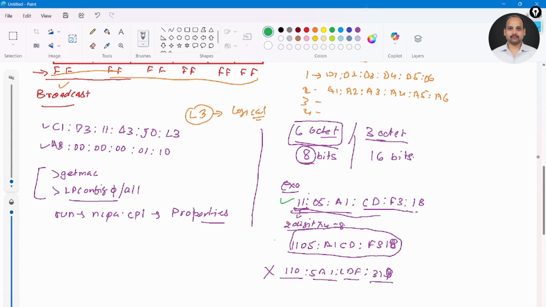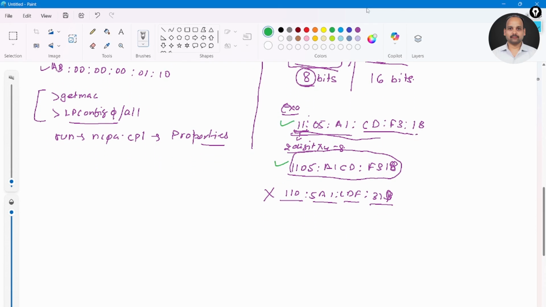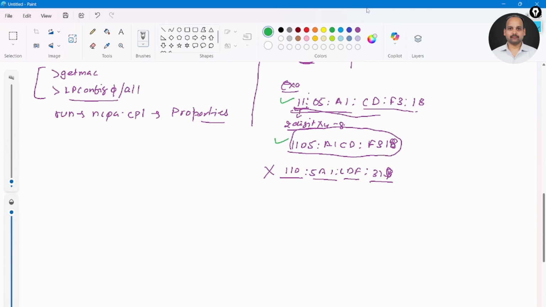This one is valid and this one is valid. Whenever you are troubleshooting or giving an example, and they ask about the valid MAC address format, you have to care about which one is valid and which one is not.